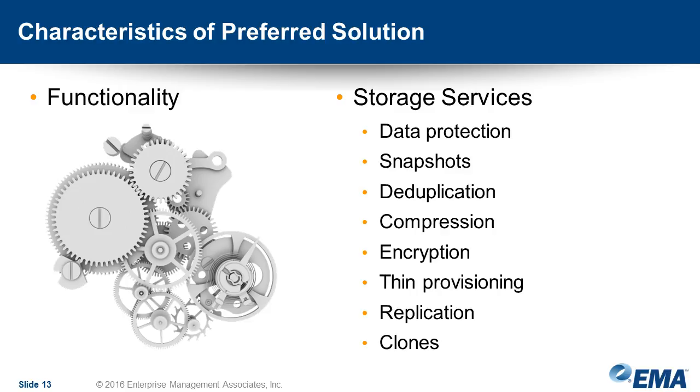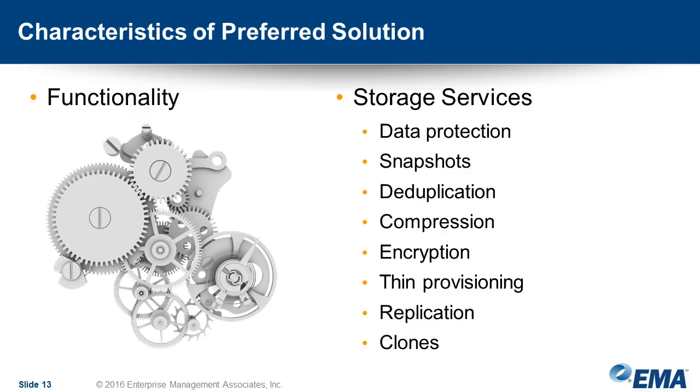So we took a look at if these were supported by each solution and how well they did. Data protection, snapshots, the ability to do both snapshots for local recovery as well as remote.